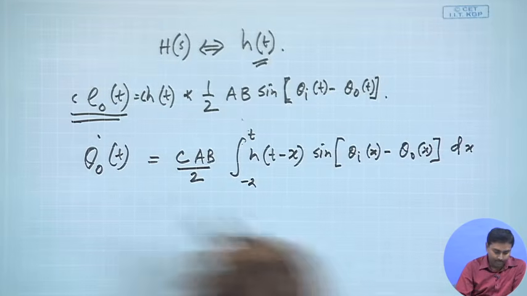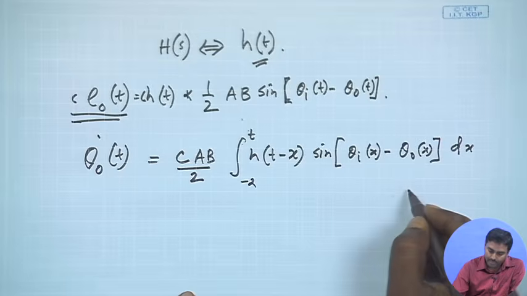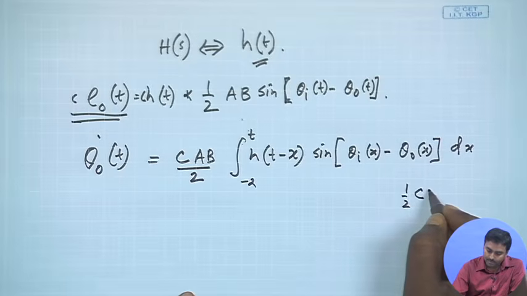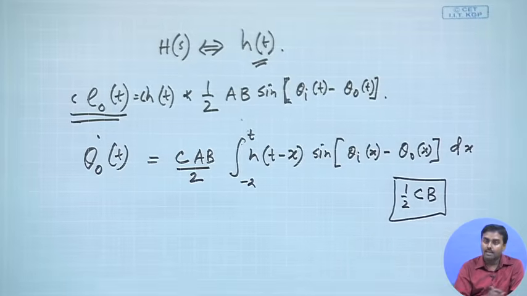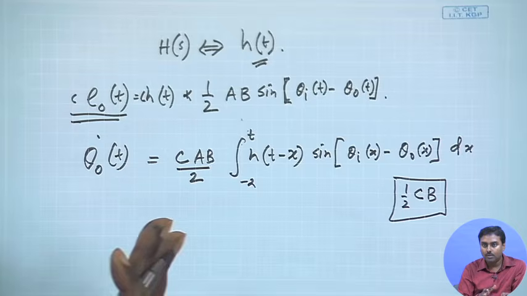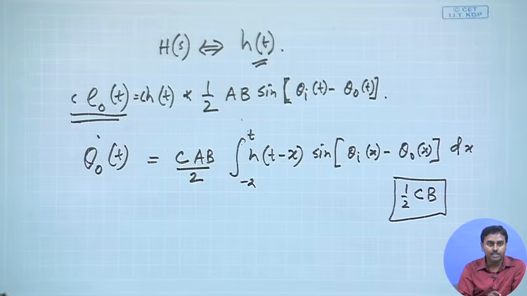Now I will be putting this half c b, which is a term completely defined by the VCO, because c is also a term of the VCO and it generates an amplitude of b. So these are all parameters of the VCO.